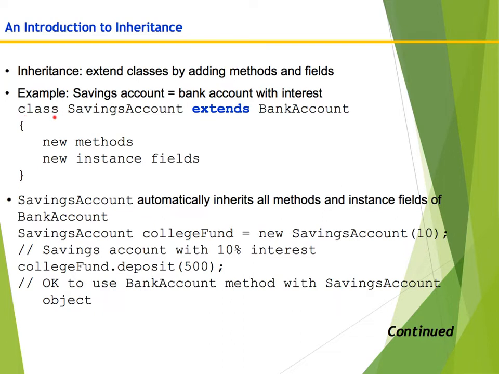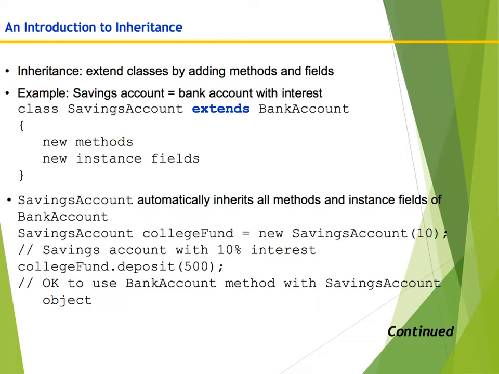You can write class, for example, a specific type of bank account like SavingsAccount extends BankAccount, and then inside braces you can put the new methods and instance fields that are specific to SavingsAccount, because SavingsAccount automatically inherits all methods and instance fields of the BankAccount, its superclass. But you can also add new methods and fields that are specific to this kind of account, which is SavingsAccount.